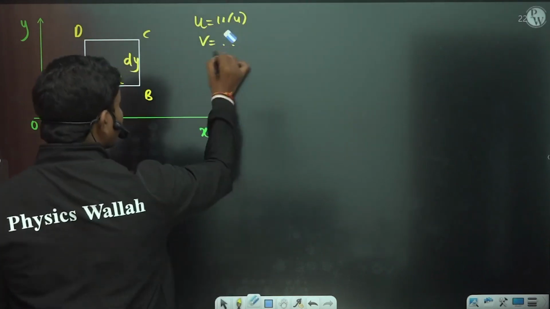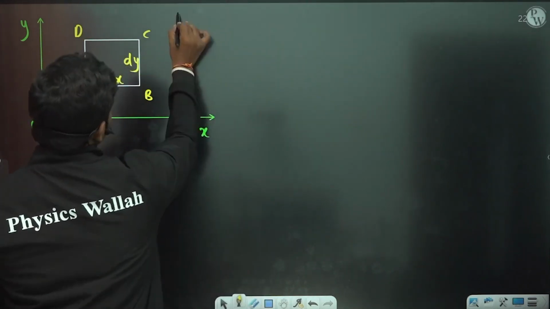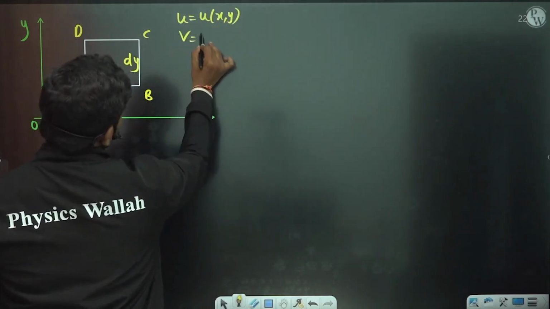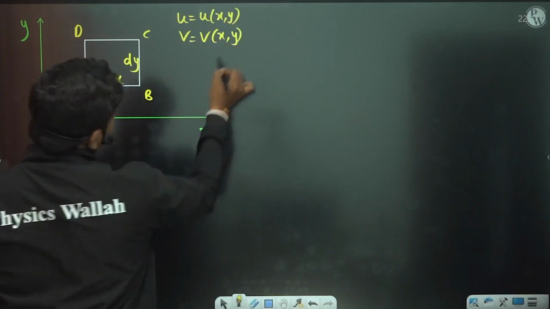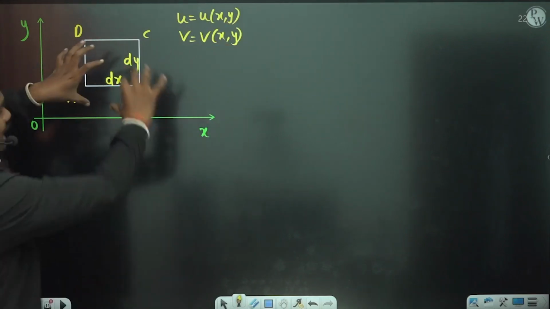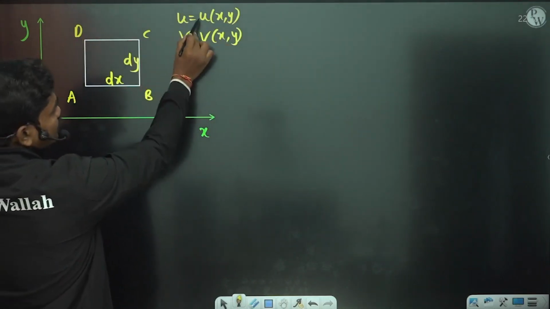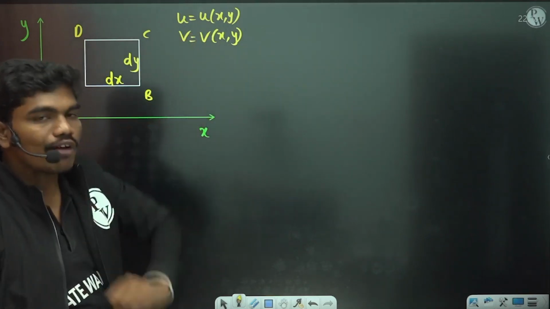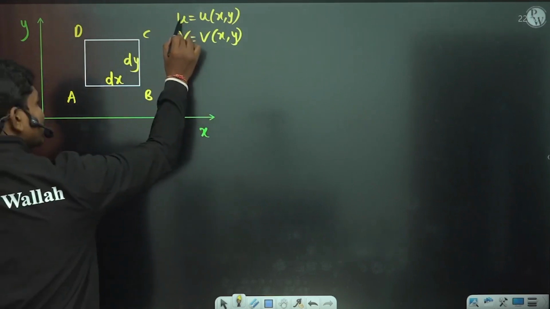Normally, what we took at that time is u is a function of both x, y and v is a function of both x, y. The deformation is due to the dependence of u on x and of v on y, but the rotation of the element is due to the dependence of u on y.